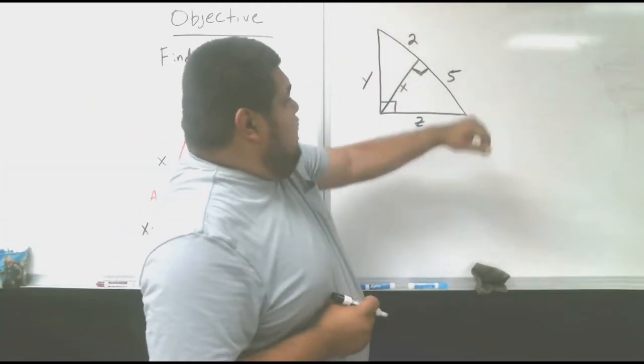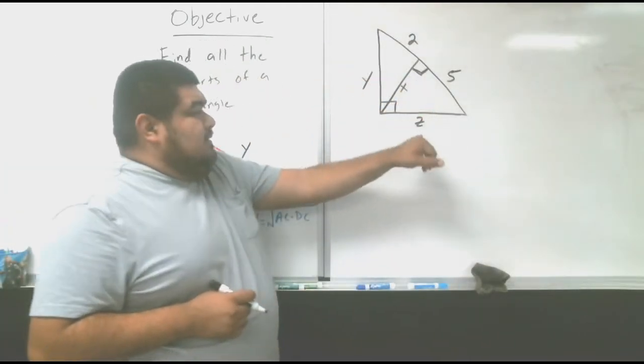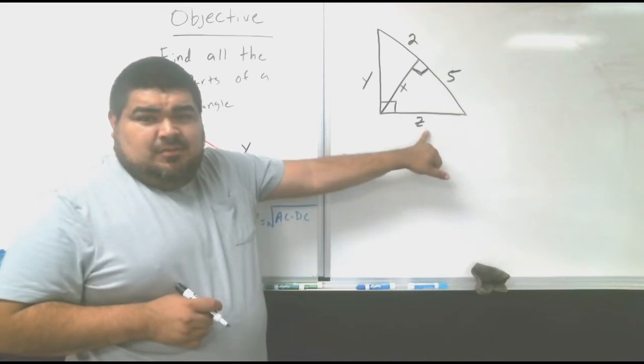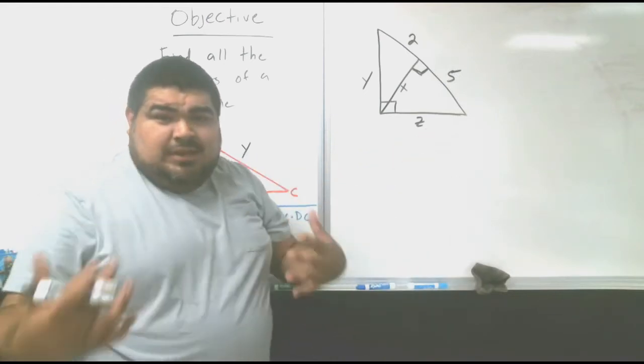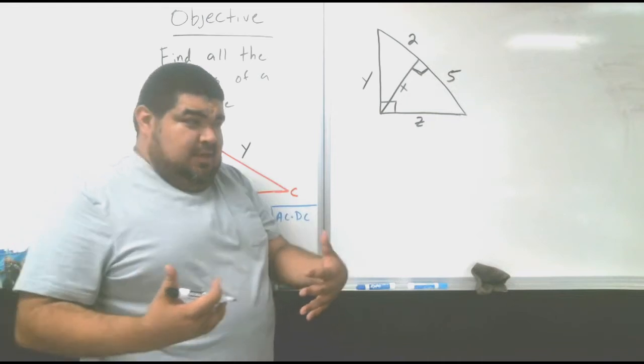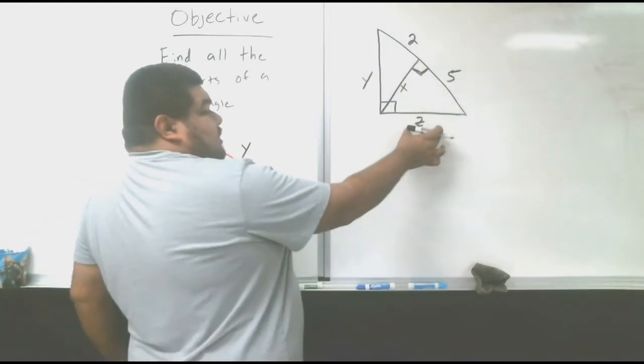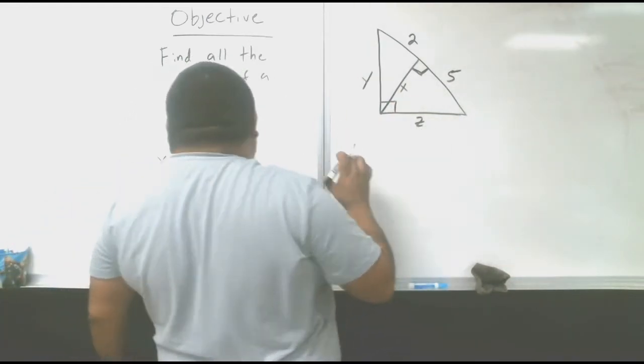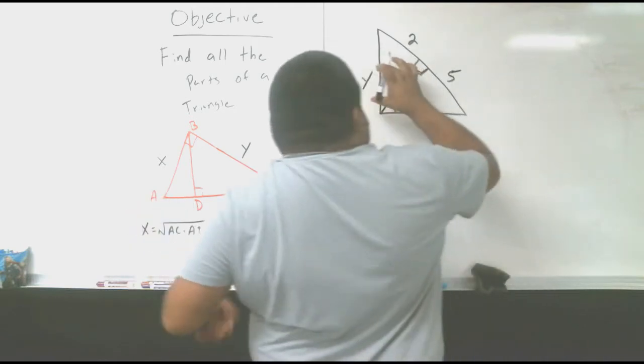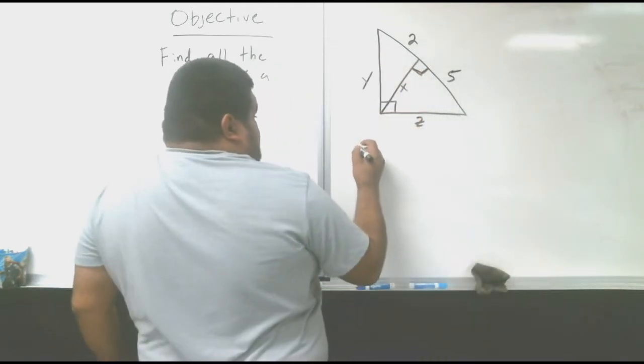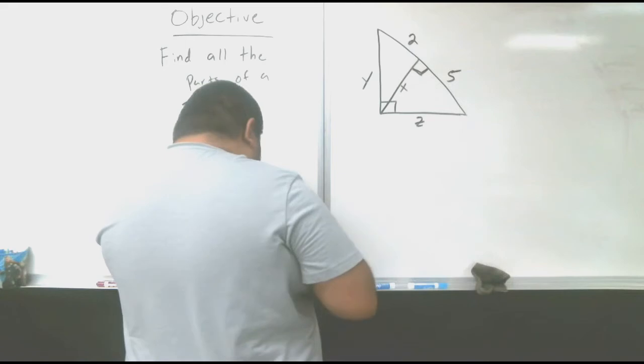We have 2, 5, solve for y, x, and z. Okay? Again, we can actually do the sides. We can solve for y and for z the same exact way as the first part. Again, I'm going to use y first. So y, let's use another color here.